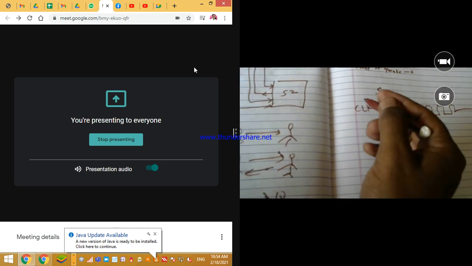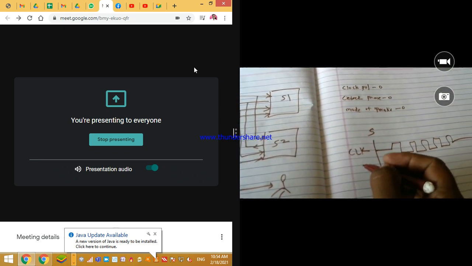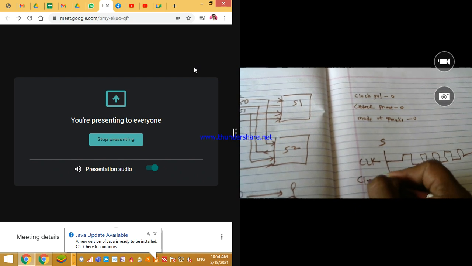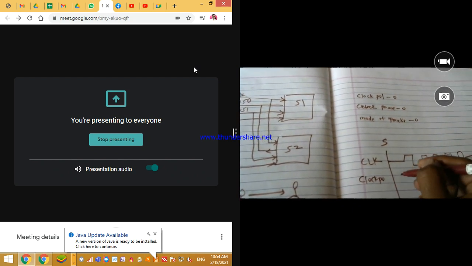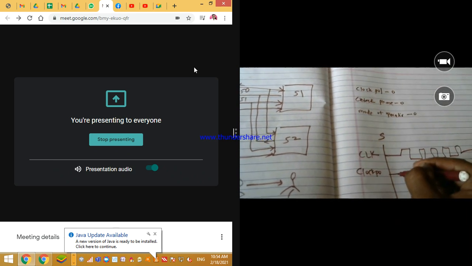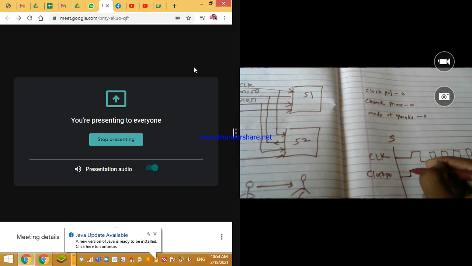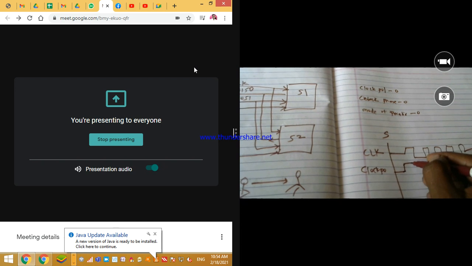Initially the clock polarity is 0, which means it starts from 0, then it goes to 1, right?